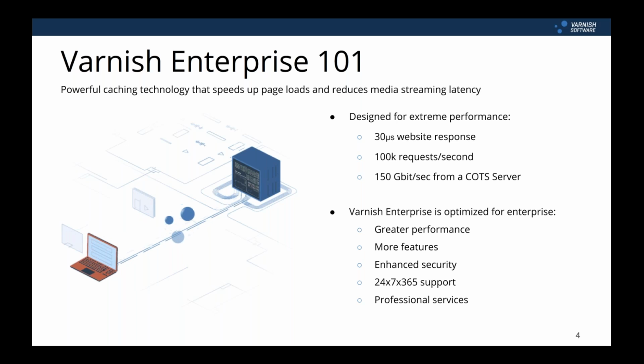The enhanced security, which we'll talk about today, and also intangibles like support and professional services, which are really important for designing, sizing, implementing Varnish Enterprise into any sort of complex environment, delivering any kind of HTTP content.